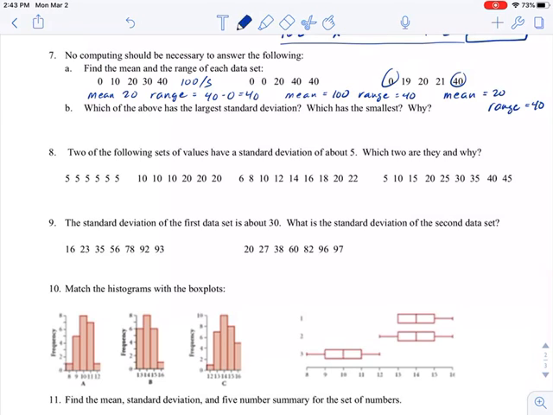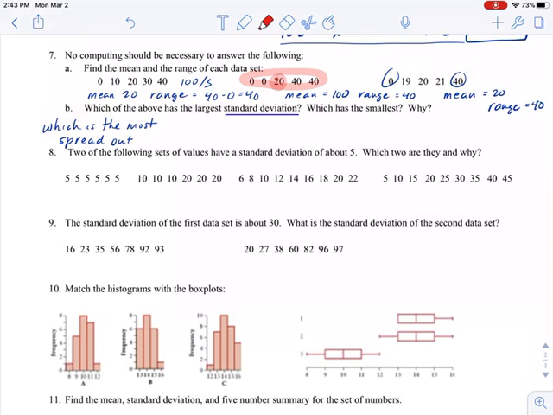Which of the above has the largest standard deviation? Okay, so this is why we studied mean absolute deviation. Which is the most spread out? So I would have to go with this one.